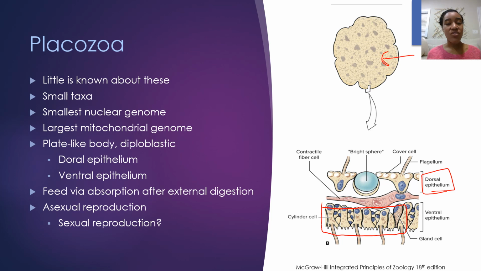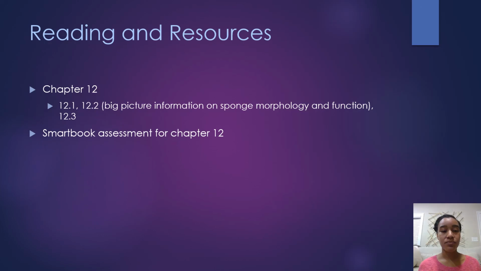And it's been found that they reproduce asexually. There hasn't been any observation of sexual reproduction yet, however, studies into Placozoa are relatively new, and so with time we might find that these organisms can undergo sexual reproduction, but at this point, there's really only evidence for asexual reproduction.